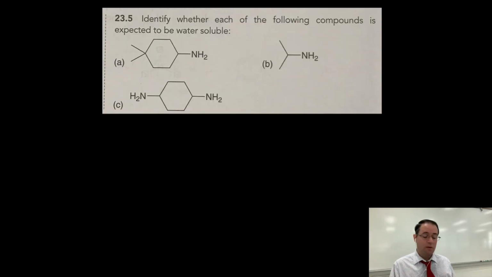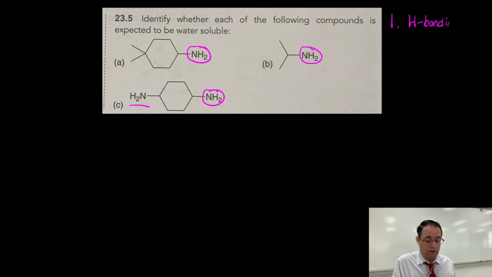Problem 5, same situation. We want to count carbons. We want to look at things. So this is a primary amine with some other junk on it. So we're looking at the same compound with differences maybe in the alkyl group or something like that. So the first thing you want to do is look at hydrogen bonding. You want to count the NH bonds and make sure there's a lone pair on the nitrogens.